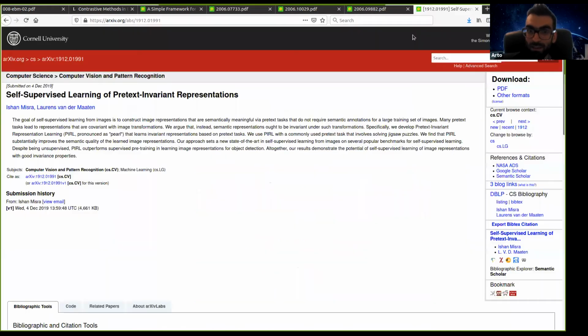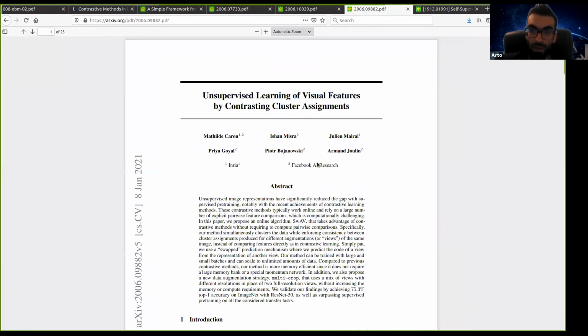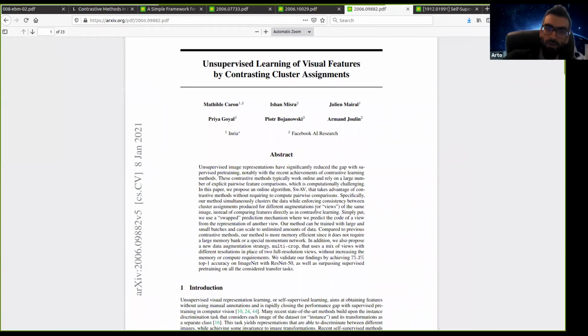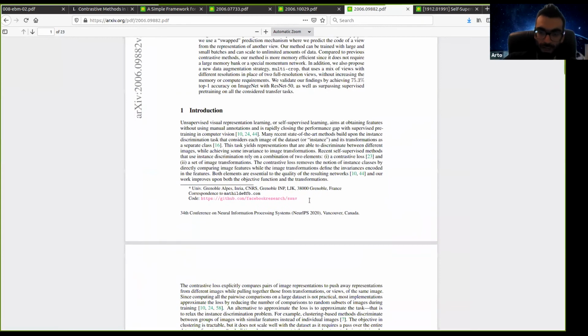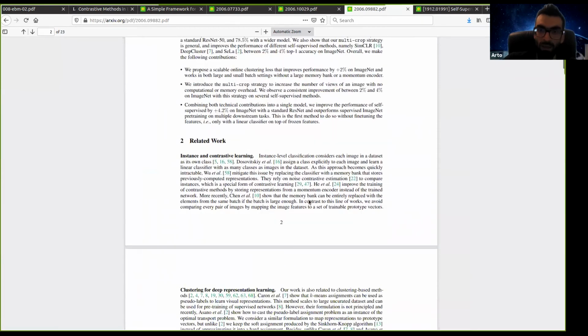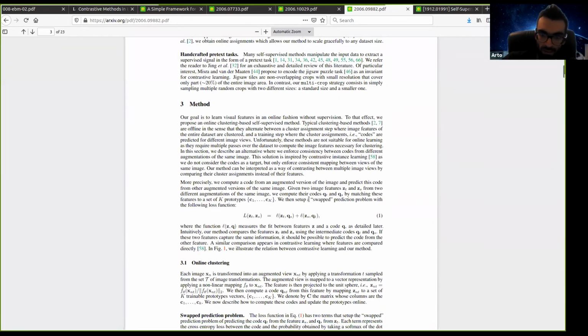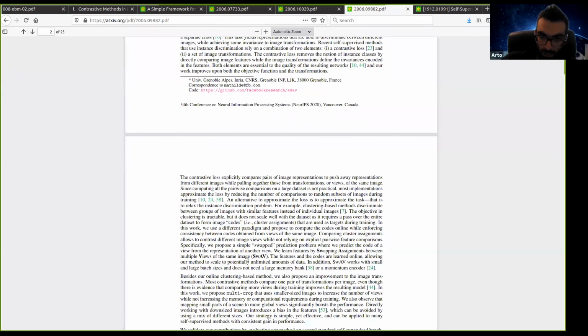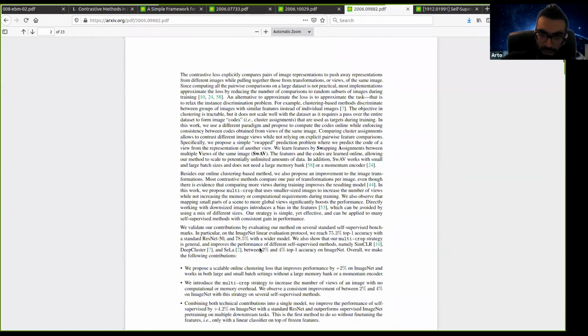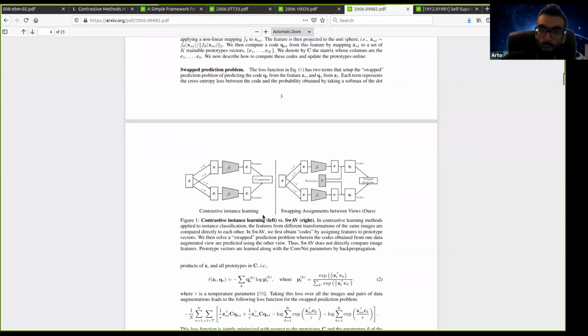So yeah, and the latest paper from Facebook, maybe not the latest, but this is the latest approach to training these self-supervised models, it's called SwAV. I don't know how it's pronounced properly, but here again we don't have negative samples, and let's compare.